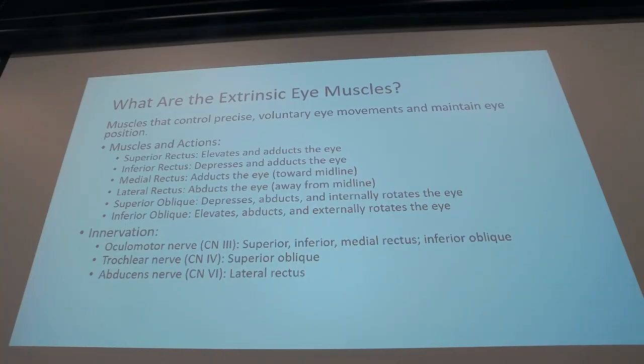If the lateral rectus muscle is paralyzed, where does the eye tend to go? Would you be able to abduce your eyes?